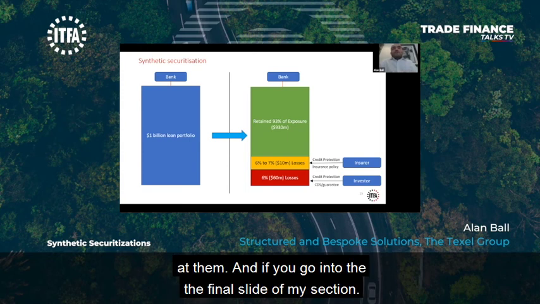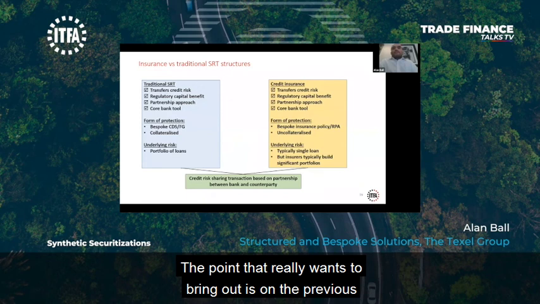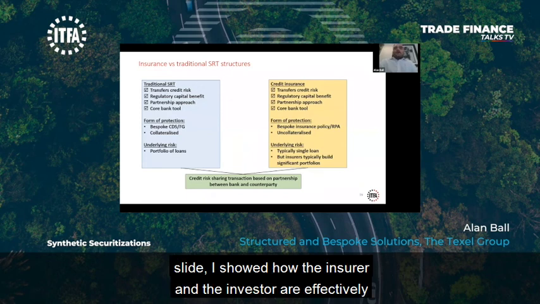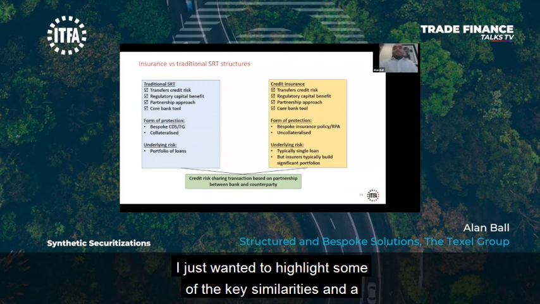And if we go to the final slide of my section, the point I really wanted to bring out is, on the previous slide, I showed how the insurer and the investor are effectively doing the same thing, offering risk transfer to the bank. Here, I just wanted to highlight some of the key similarities and a few of the differences.